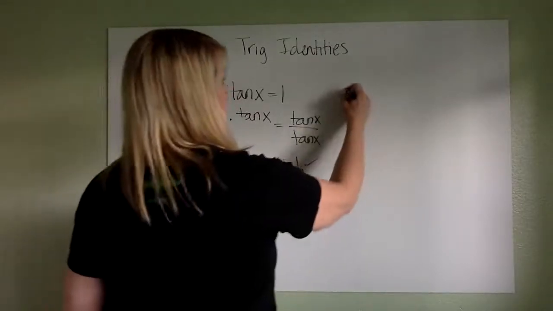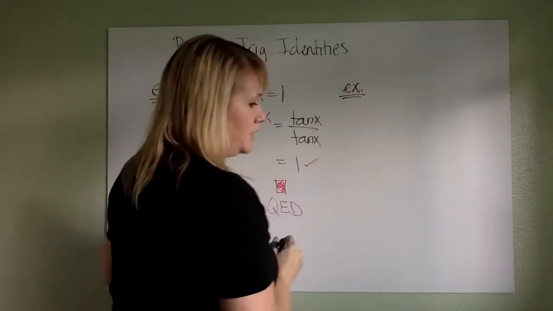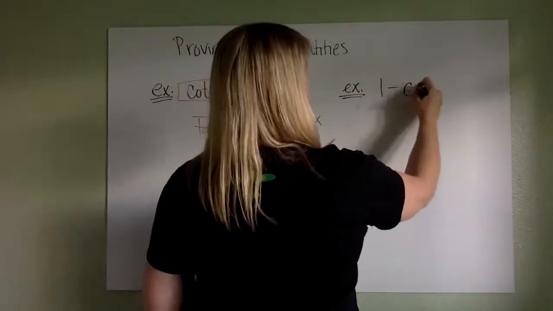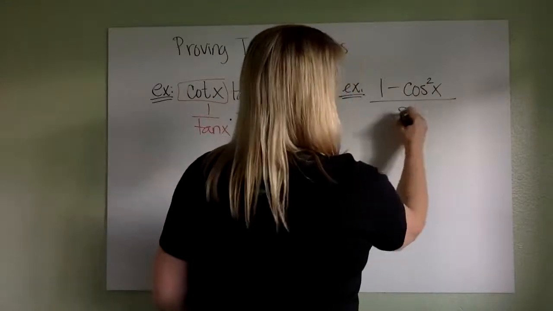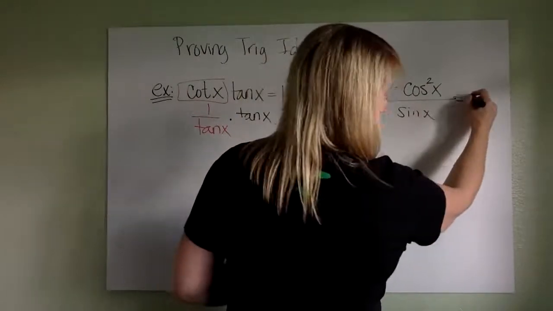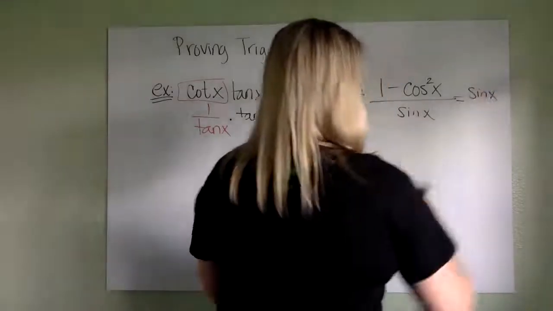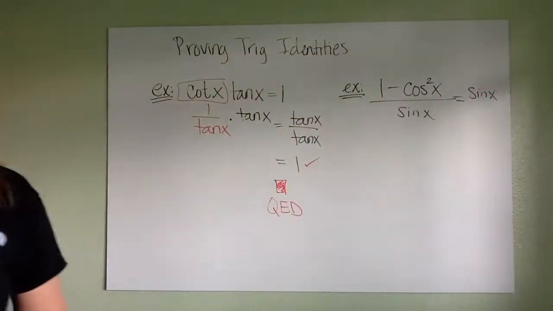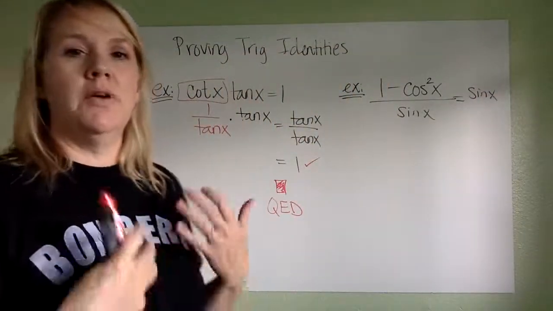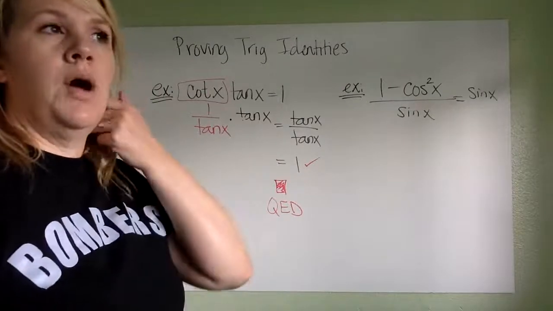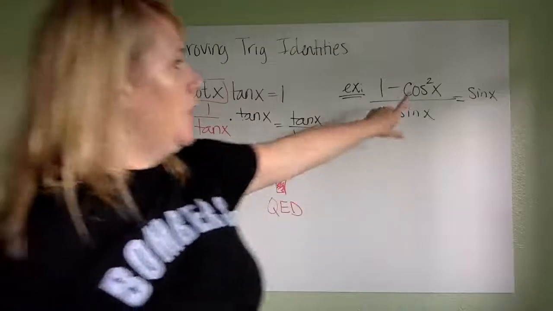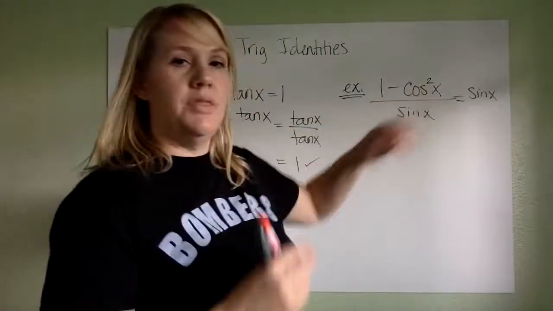Okay, so here's another example. What you want to look for as you're working through these is some kind of a clue as to which kind of identity you might use. So this little squaring right here is a clue to the Pythagorean identities.